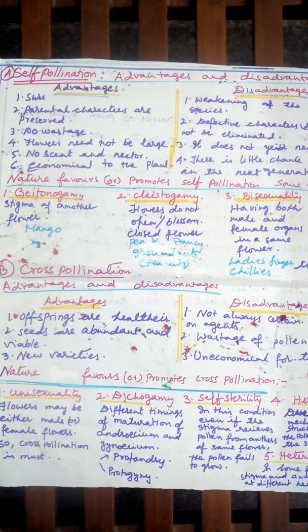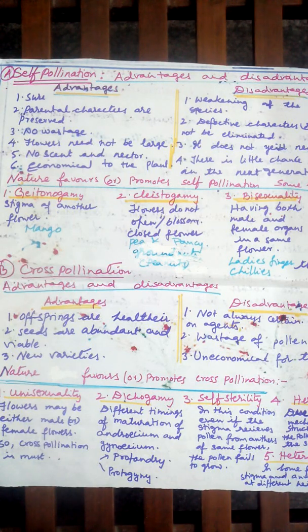Got it? Now the third thing is pollination taking place in closed flowers. Sometimes, due to various reasons, the flowers will never open at all. They remain closed even after maturity. The reproductive structures, anther and stigma, remain hidden and lie close to each other.